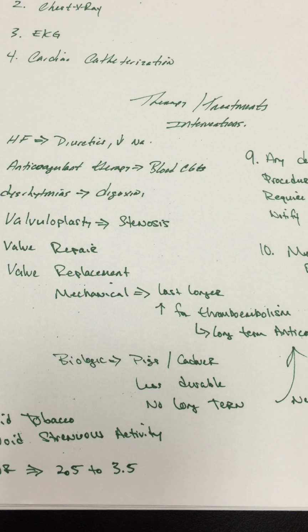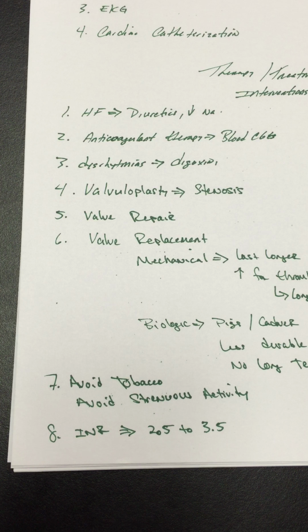Now, if they're going to get a biologic valve replacement, this may be from a cadaver. The patient must know that these are less durable. However, no long-term anticoagulant therapy will be needed, so that is a big difference. You will instruct your patient to avoid tobacco.